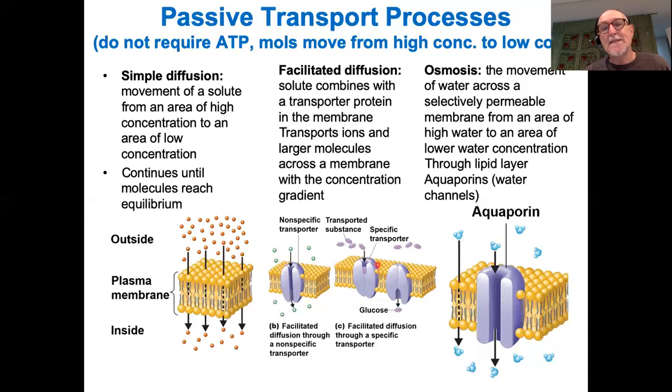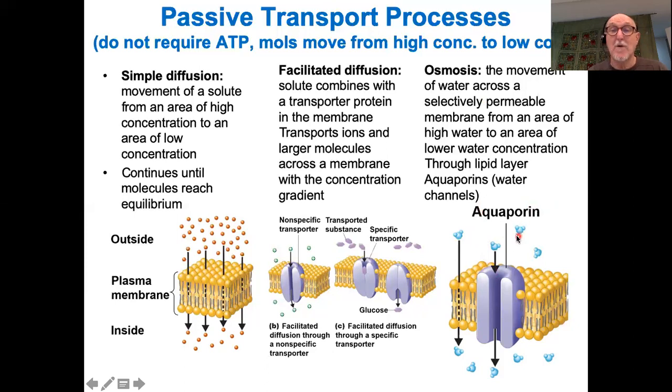The protein is actually selecting particular solutes to go across the membrane. There's one class which is highly selective because it only allows water to go across. These facilitate osmosis, and these are protein channels for water called the aquaporins.